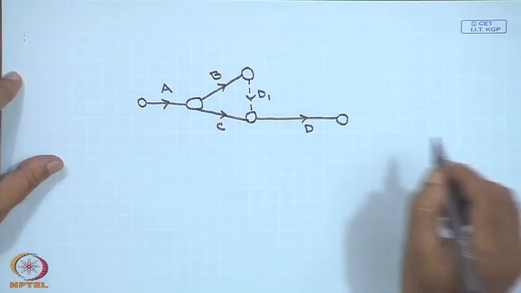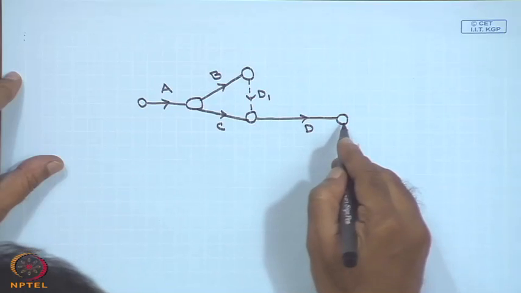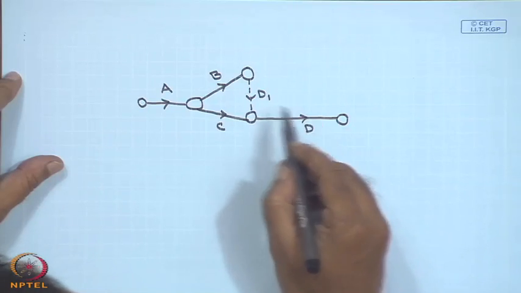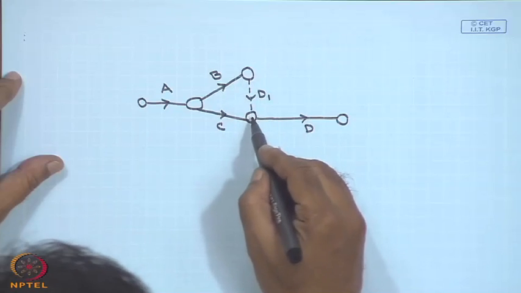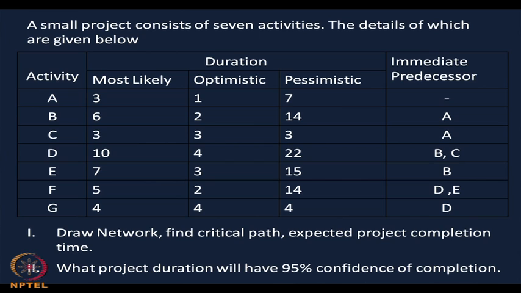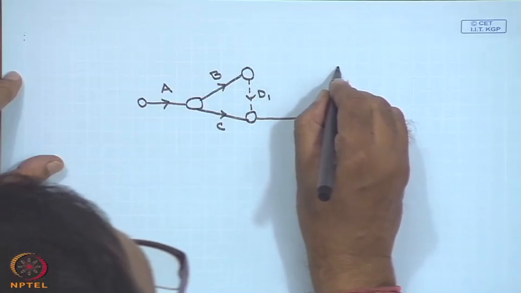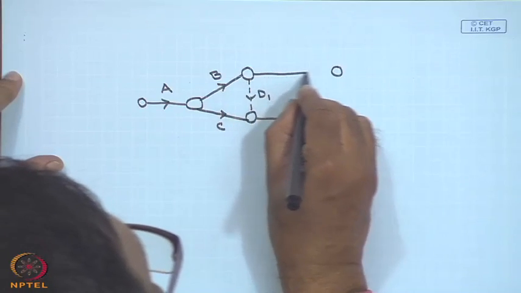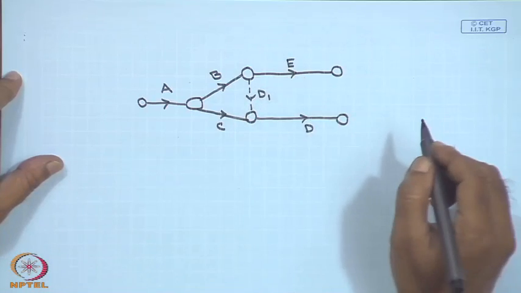You have to draw one dummy activity D1 over here, because before D starts, both B and C should be completed. For that, we are using this dummy activity D1. The next one, E: the immediate predecessor is B, that is, from B here E can come. So, we are writing E over here, after B the activity E is there.